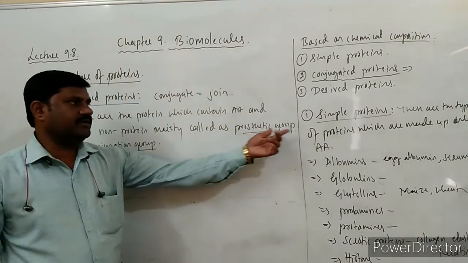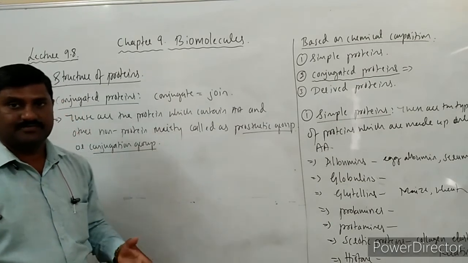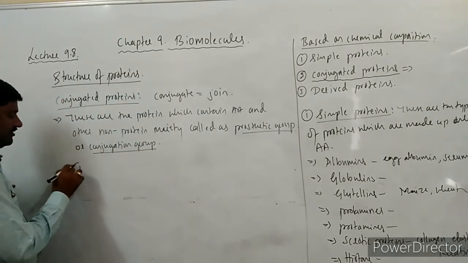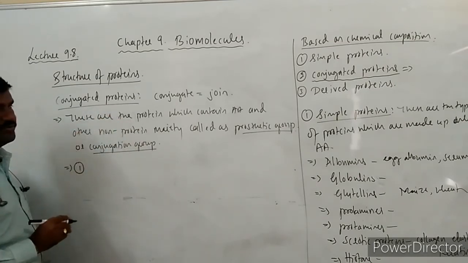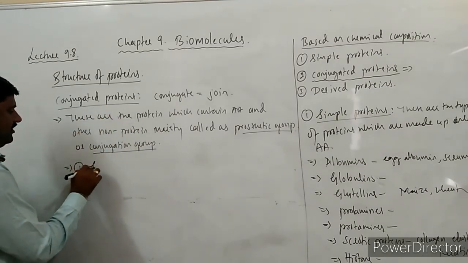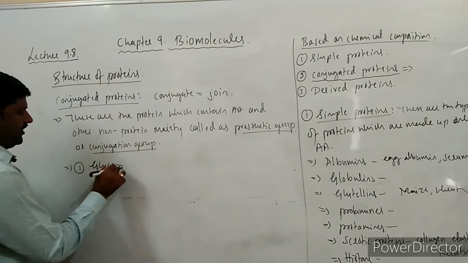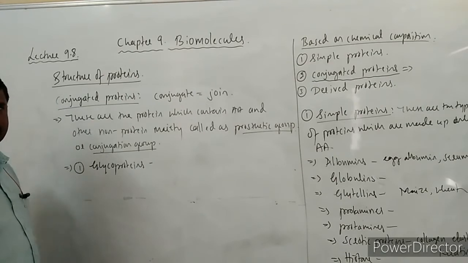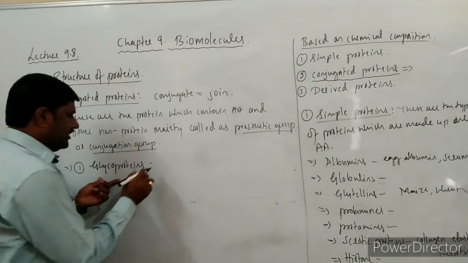This prosthetic group may be of different types. So, different types of conjugated proteins that we come across: one is glycoproteins. What are these glycoproteins?